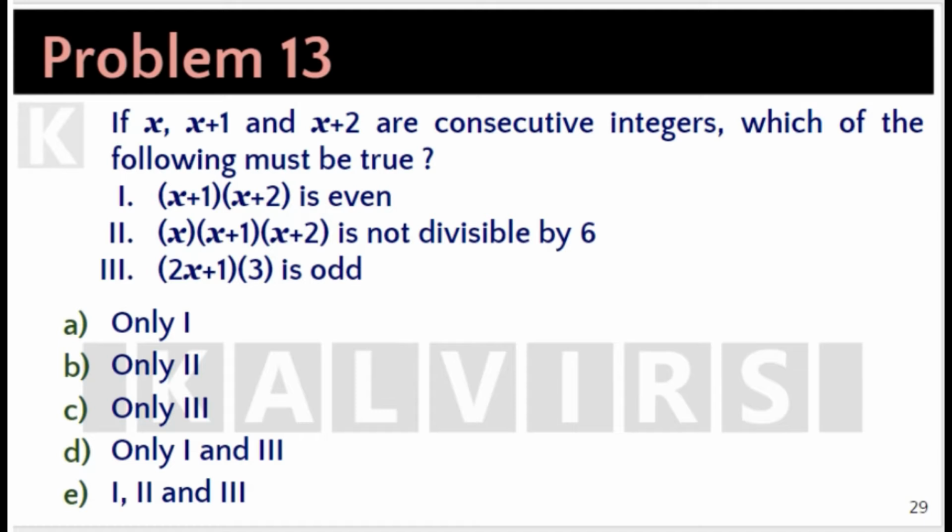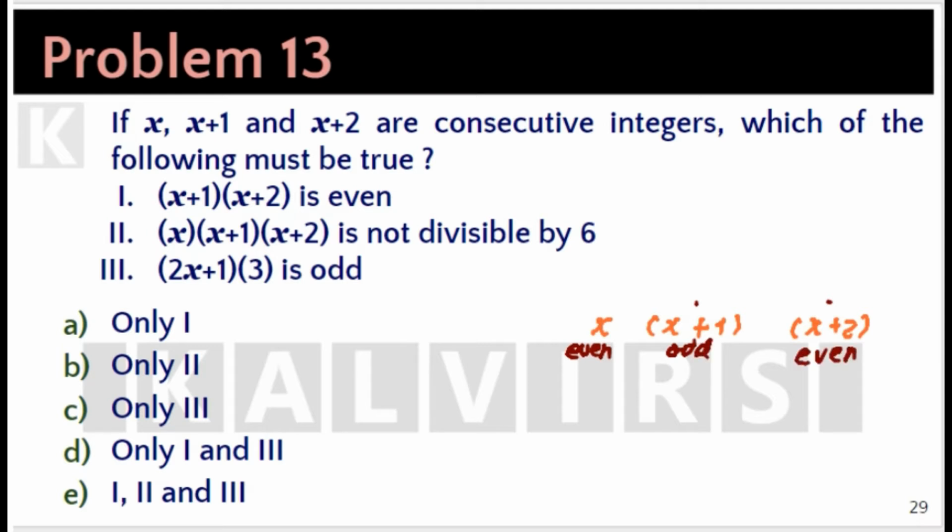If x plus 1 and x plus 2 are consecutive integers, which of the following must be true? So first of all, if x is an even integer, then x plus 1 must be odd and x plus 2 must be even.